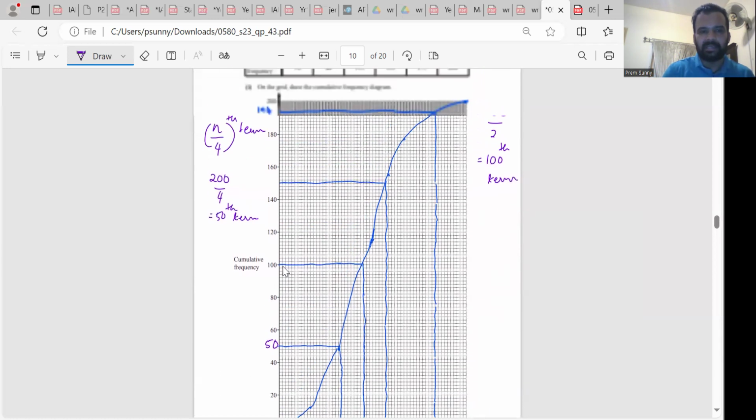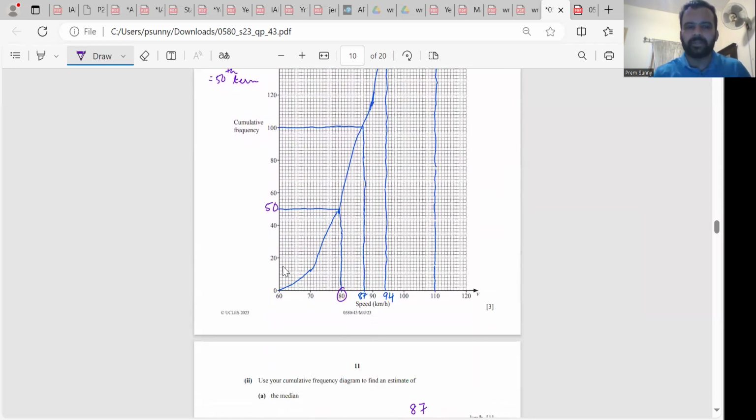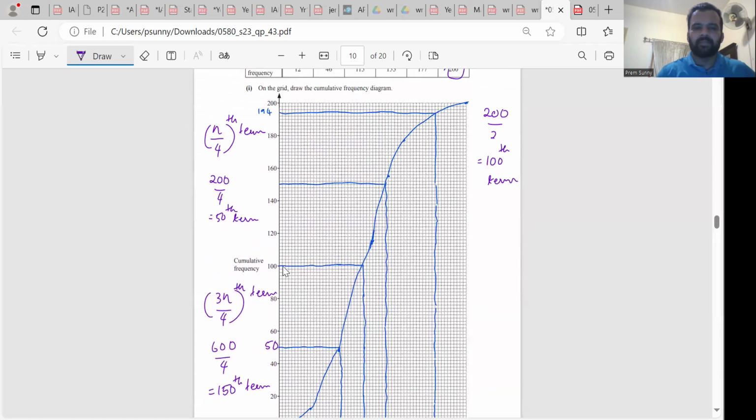To find the upper quartile, the formula is the 3n by fourth term. Again n is the last value of cumulative frequency, which is 200. So 3 into 200 is 600, and 600 divided by 4 is the 150th term. We do exactly the same thing at 150.